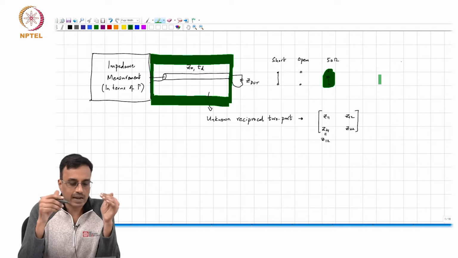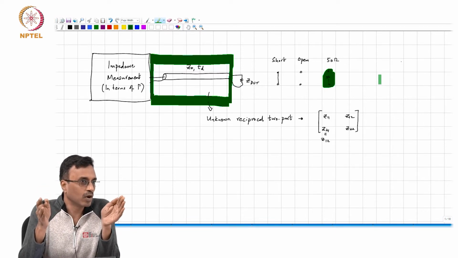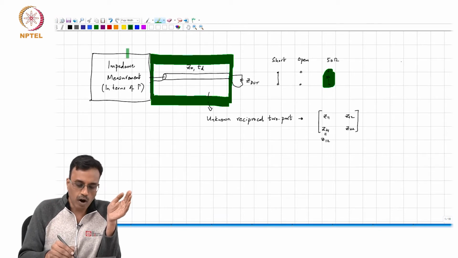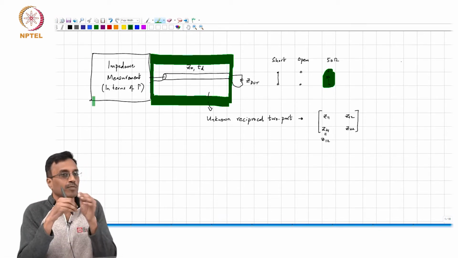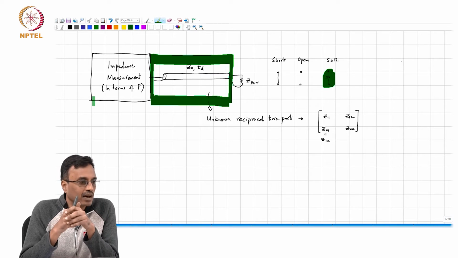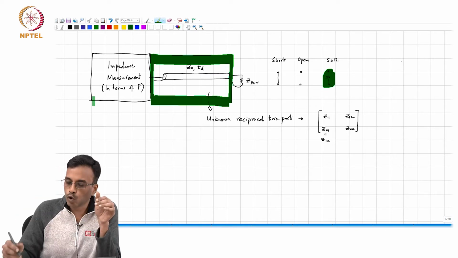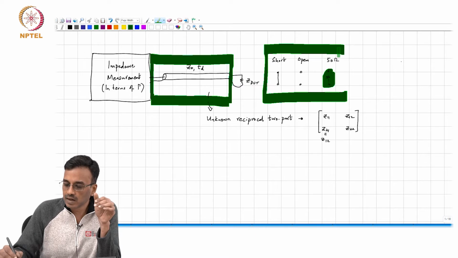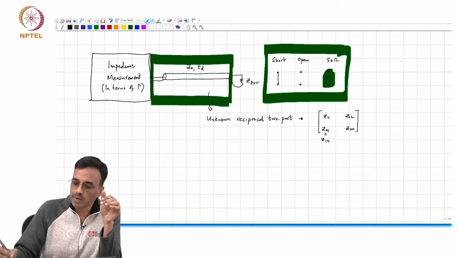This 50 ohms at least must be 50 ohms across your frequency range of interest, right? So this box that you buy after paying a lot of money will be designed with what are called impedance standards.